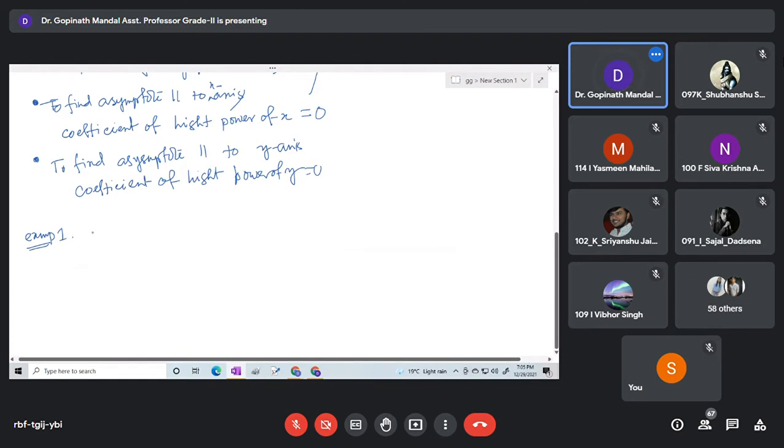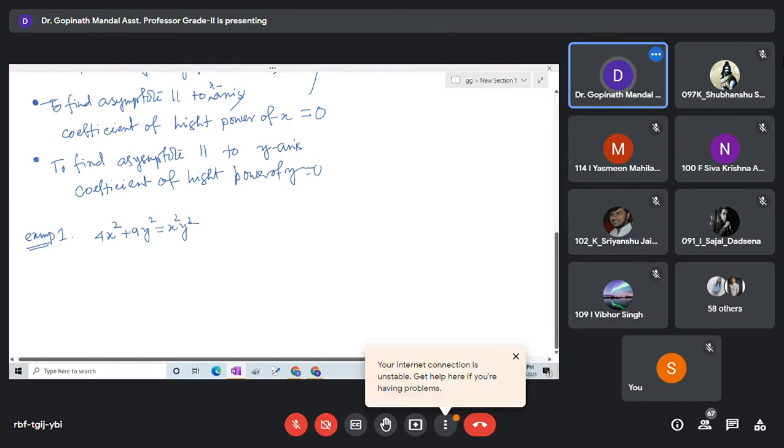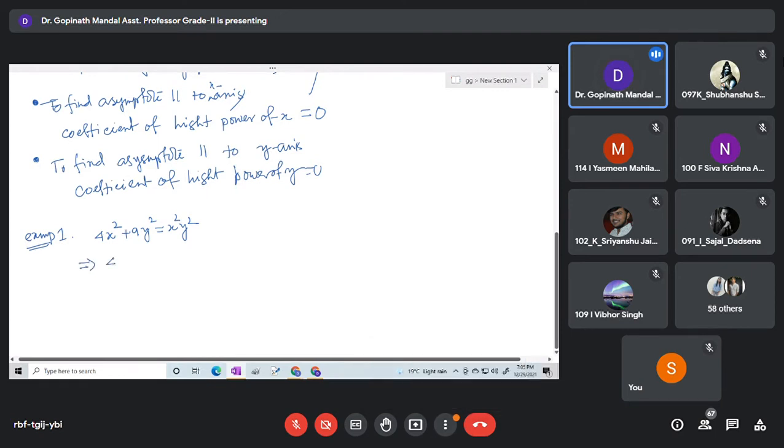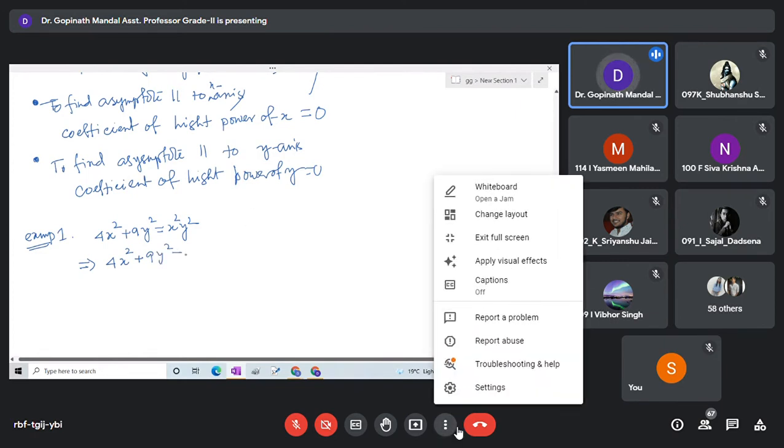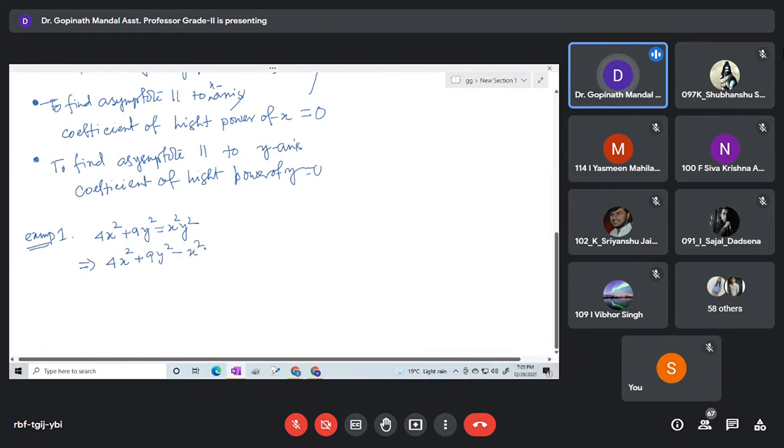Example 1. Find the asymptotes parallel to the x-axis or y-axis of the curve 4x² + 9y² = x²y². Now this is our given curve. We write this curve like this: 9y² − x²y² = −4x², so this is our curve f(x) = 0.